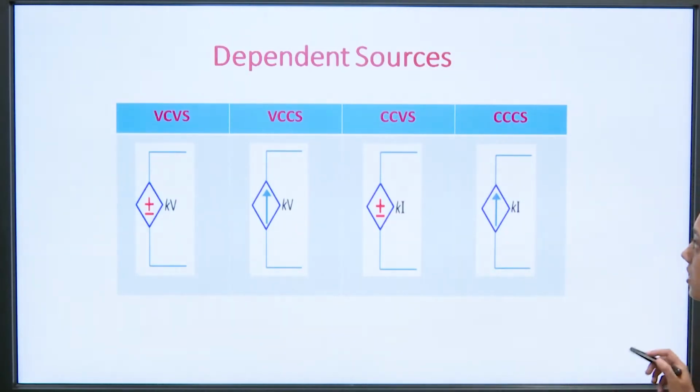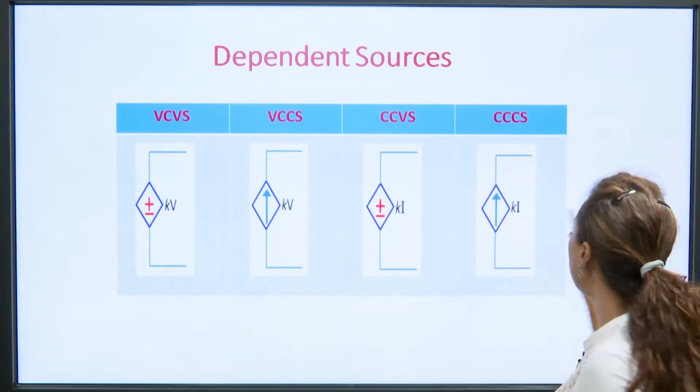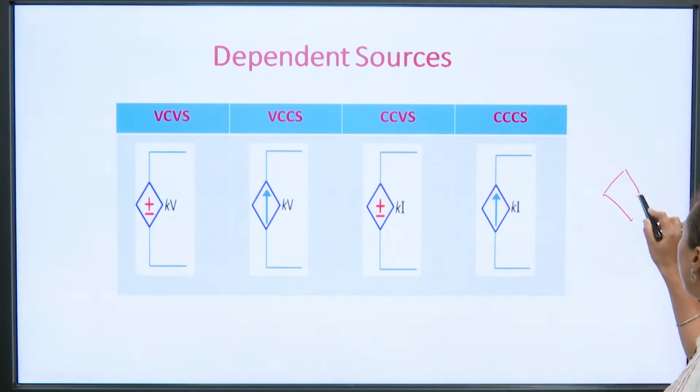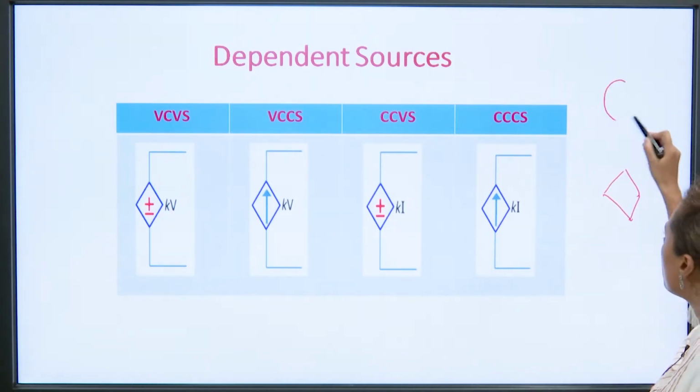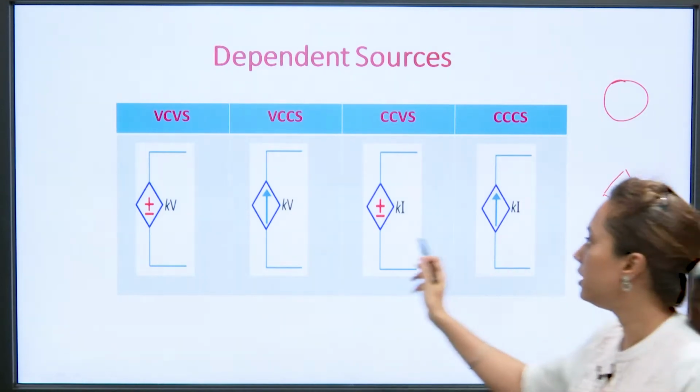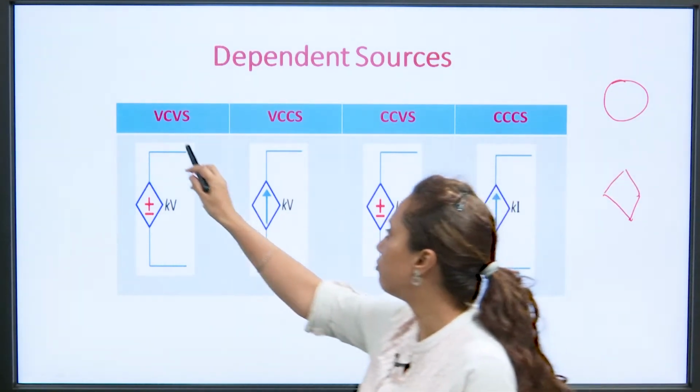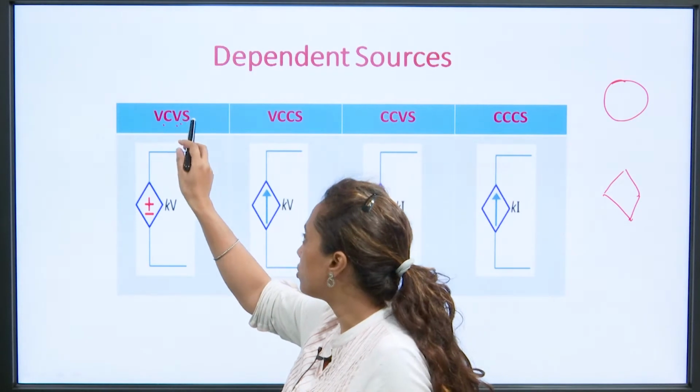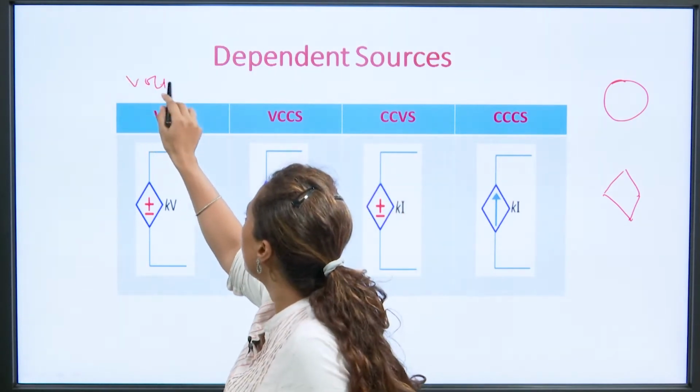The dependent sources are basically shown by a diamond sign, while the independent sources are shown by a circle, right. These are the dependent sources. First one is the voltage controlled voltage source.